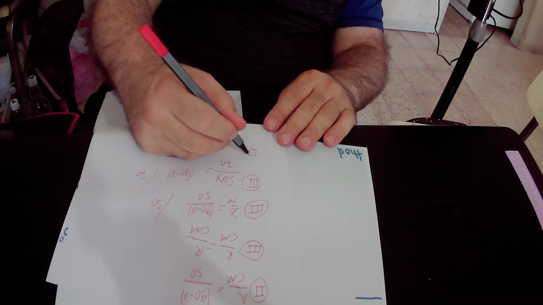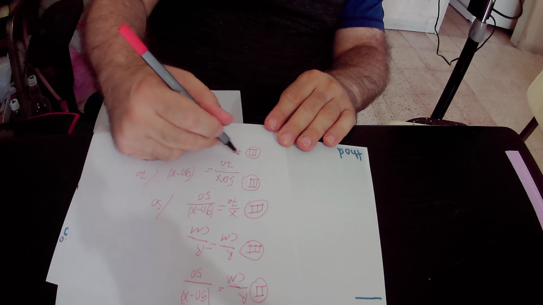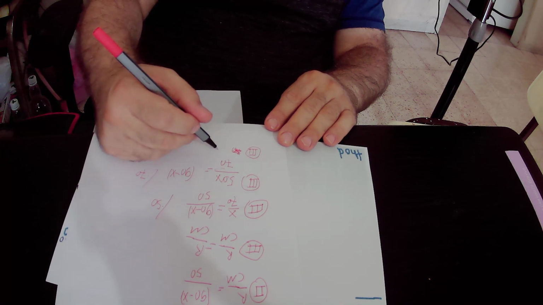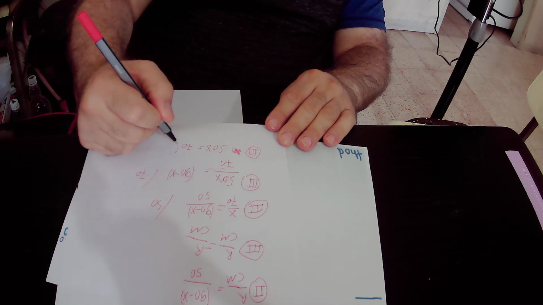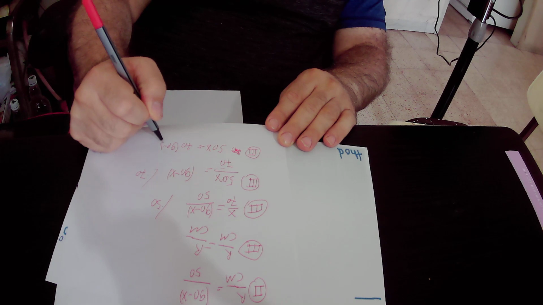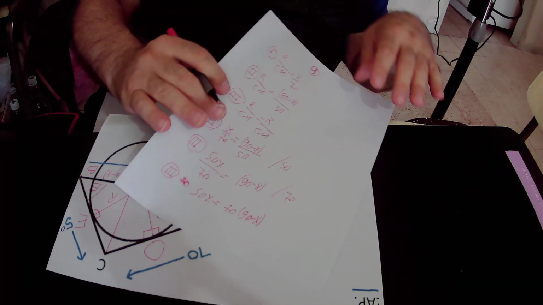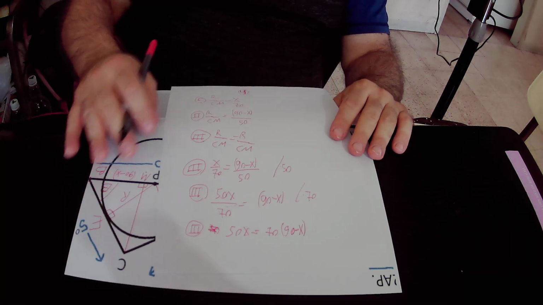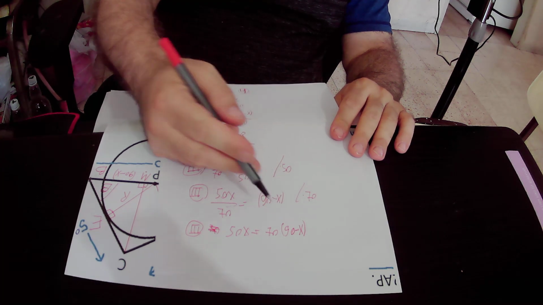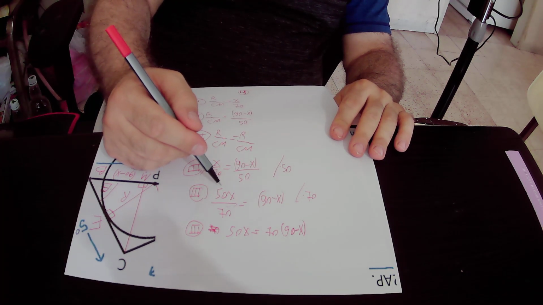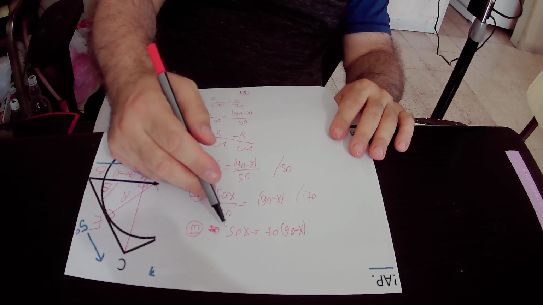So 70 times 90 minus x equals 70 times 90 minus x, and 50x times 70 divided by 70 equals 50x.